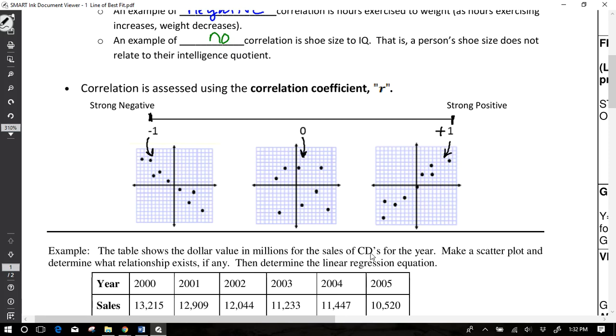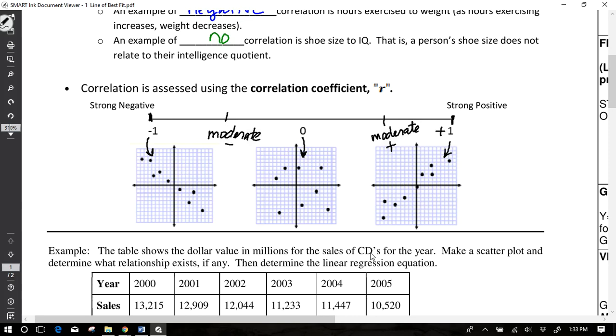Now, if I had a correlation that was maybe somewhere in there, we would still consider that to be a moderate positive. It's not super strong, but it's somewhere in the middle. Okay, it's better than no correlation at all. So this would be moderate positive, and here in the middle, I would have a moderate negative.